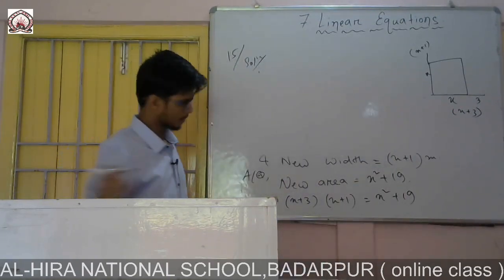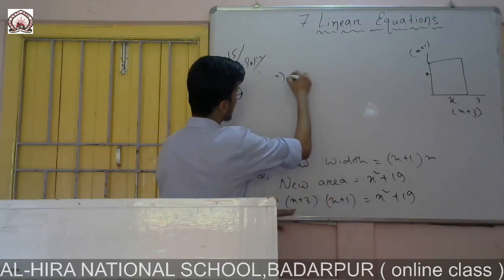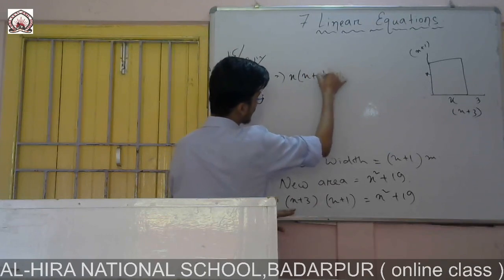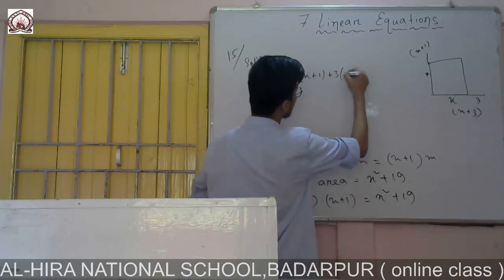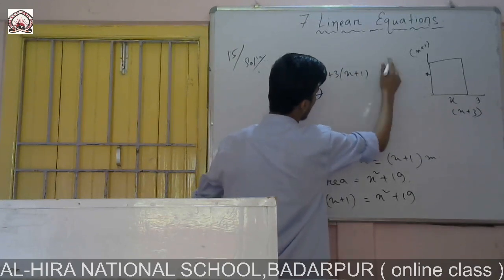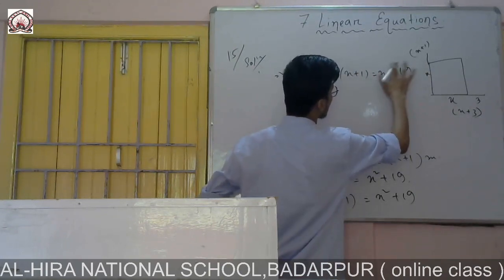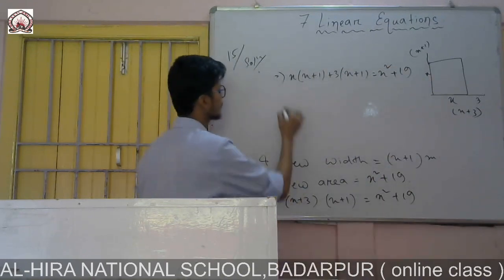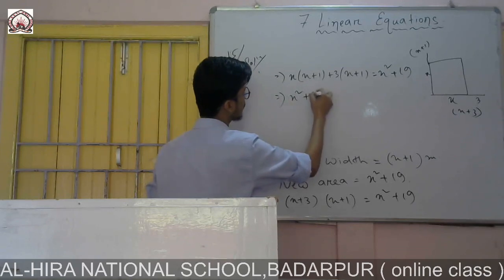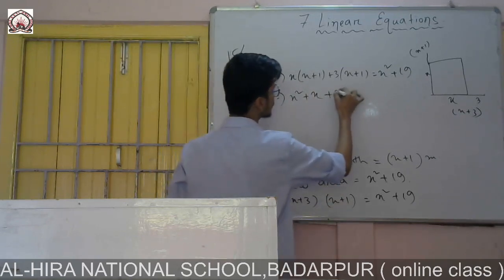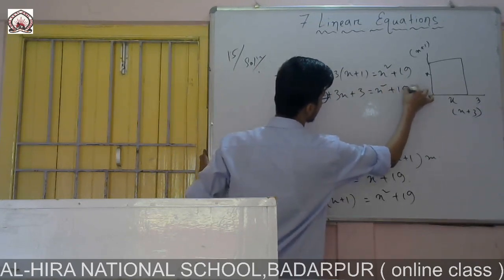Now we will solve this one. I multiply x plus 3 with x plus 1, which equals x square plus 19. Solving, x into x is x square, x into 1 is x, plus 3 into x is 3x, plus 3, equals x square plus 19.